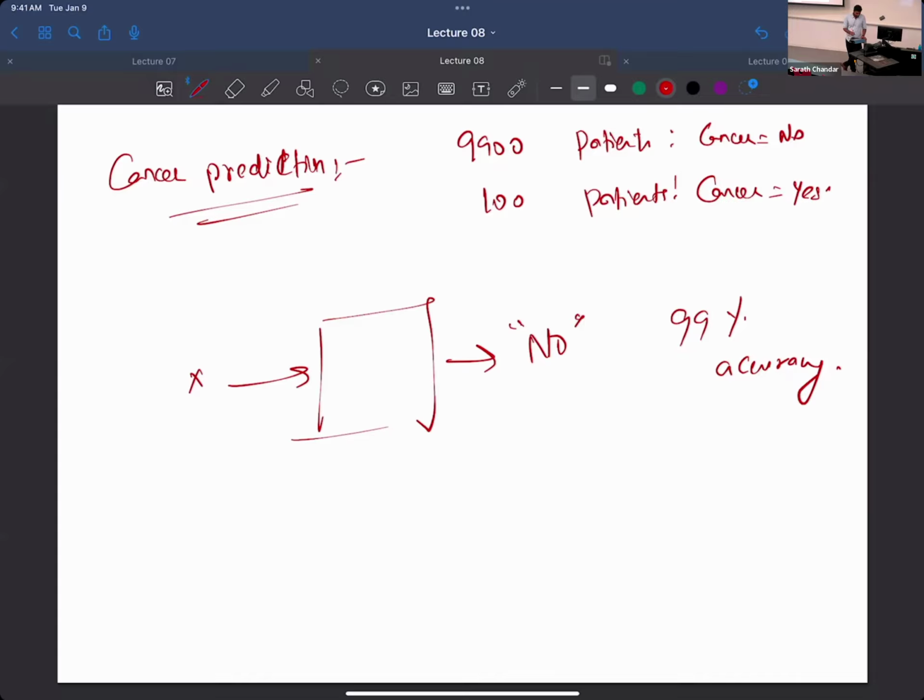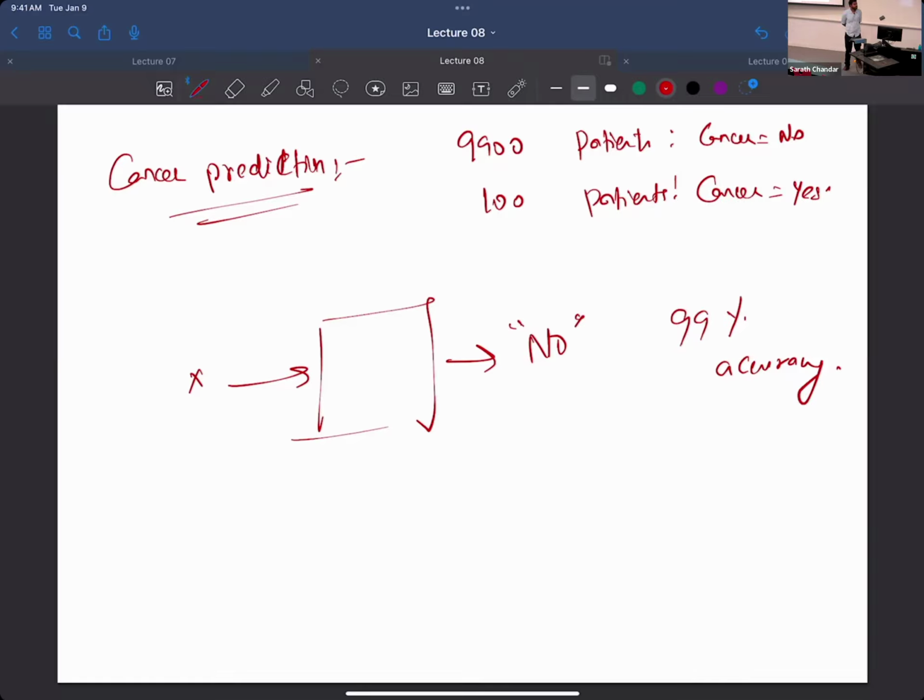Now in this cancer problem, there are 2 kinds of errors. The first type of error is when the patient has cancer, the model is saying no, they don't have cancer. The second type of error is when the patient doesn't have cancer, but the model says yes, the patient has cancer. So which type of error is more costly here?